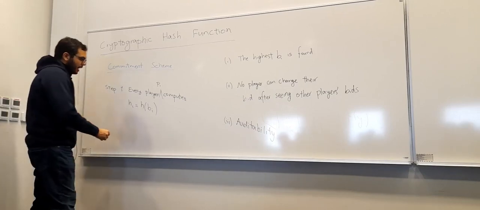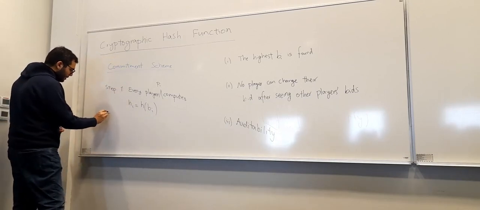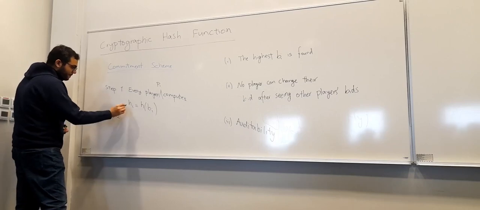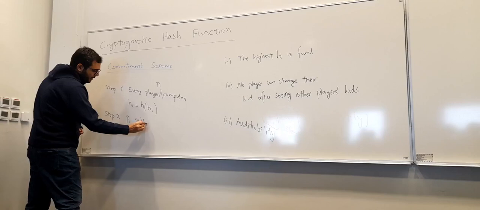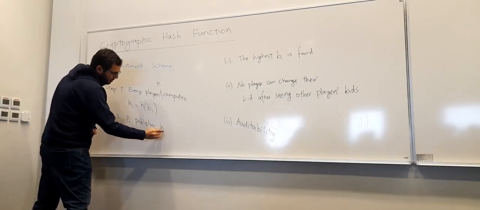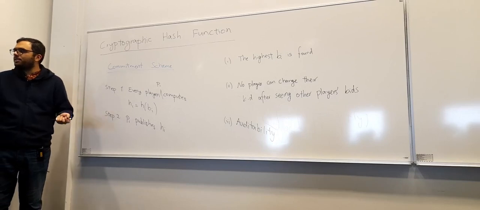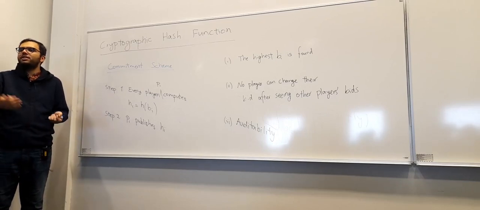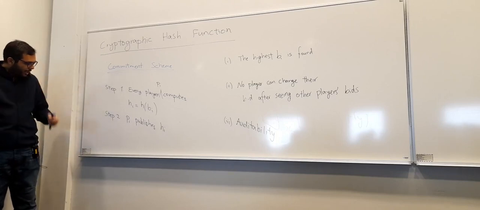Step 2, PI publishes HI. Remember, we said that we are assuming there is no way to send private messages. So sending something to the dealer is the same as publishing it. So I just publish my hash.